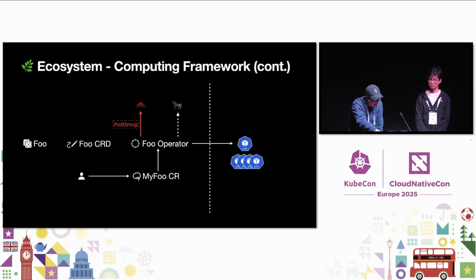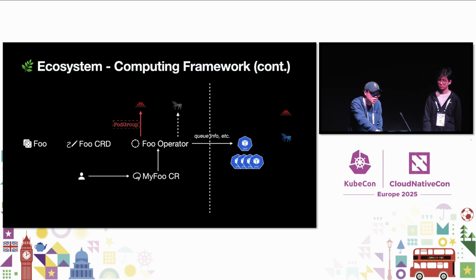For example, for Volcano, it creates a PodGroup to carry the corresponding information. For YuniKorn, because it doesn't have a job API, it just puts the queue information, etc., at the pod level, and then hands over to their corresponding scheduler to schedule them. You can see that it's a little invasive to the Foo operator because every time a new computing framework comes into place, you have to change your source code.